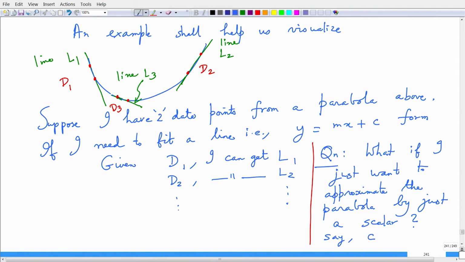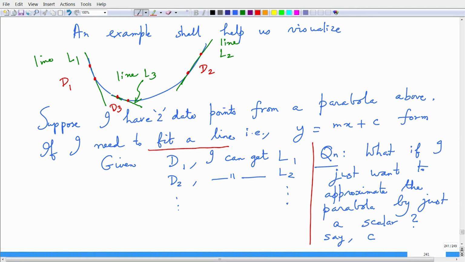Suppose I ask this question that I need to fit a line of the form y equals mx plus c to these data sets. What is the line that I can fit? Given data set D1, I just connect these 2 points through a line.